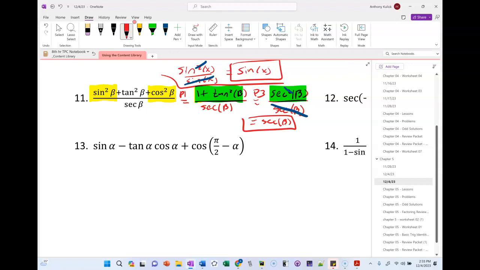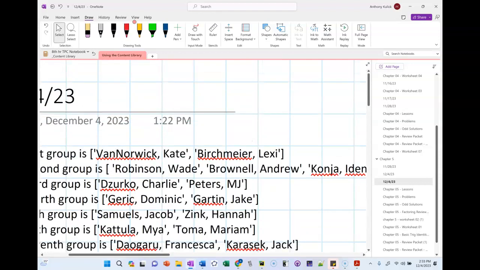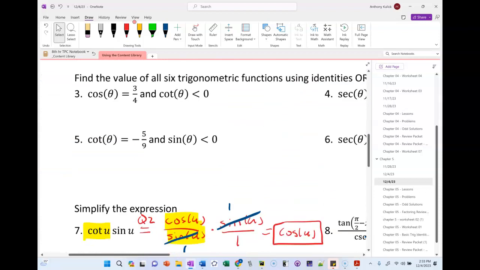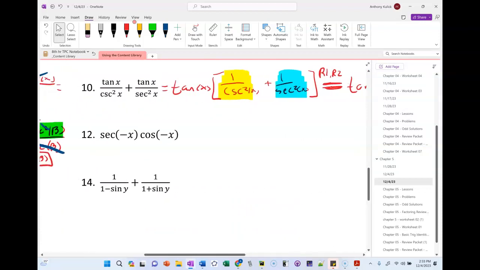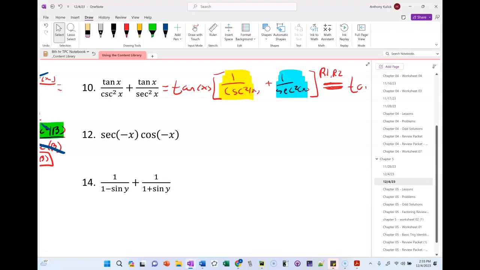All right. Who's next? Okay. Wade, Andrew, Aiden, looking at number 12. What are you guys thinking?